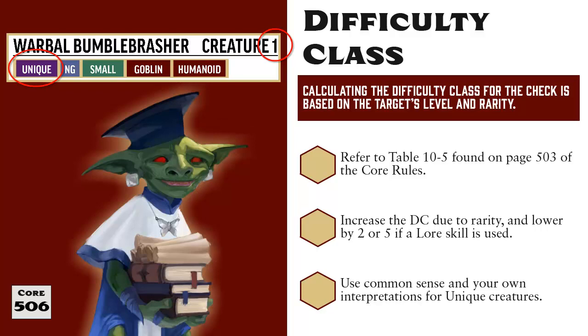If that's the case, the DC may be lower to know her name, but would likely still be DC 25 to know that she's deadly accurate when throwing her heavy books as ranged weapons. Again, the GM will need to use some common sense and their own interpretations when managing the DCs to identify unique creatures.